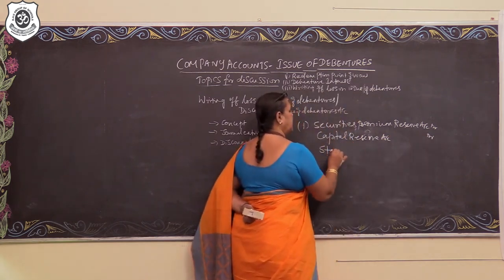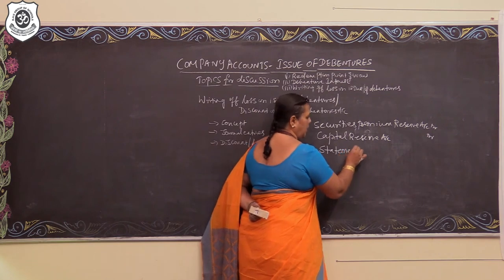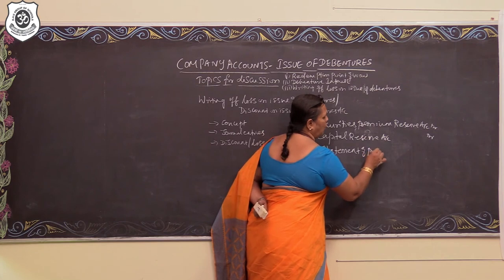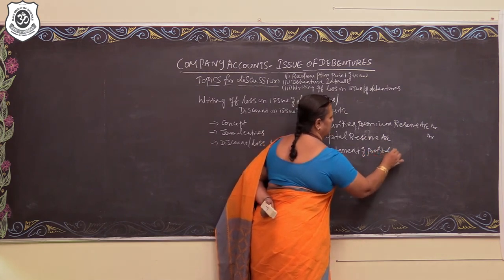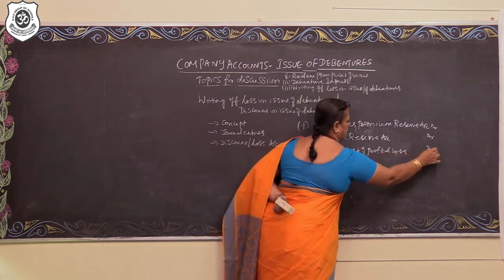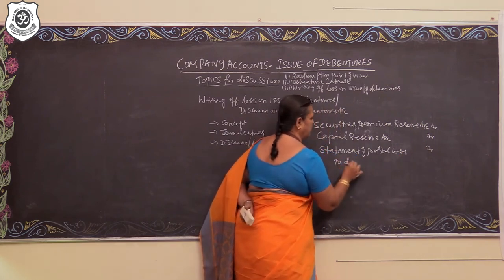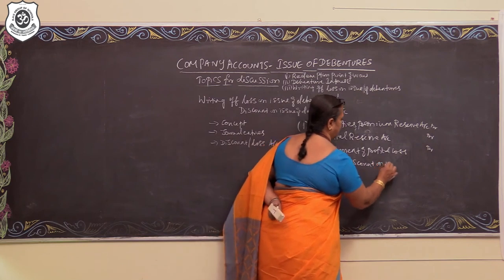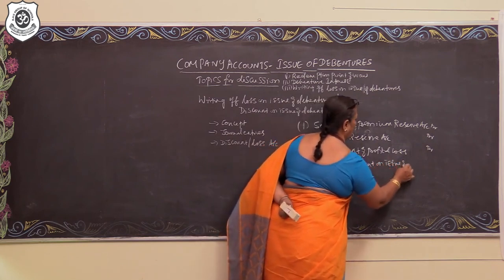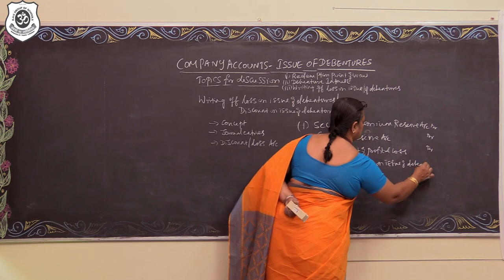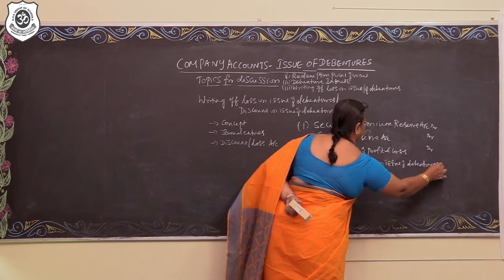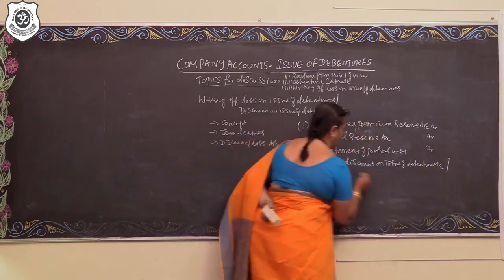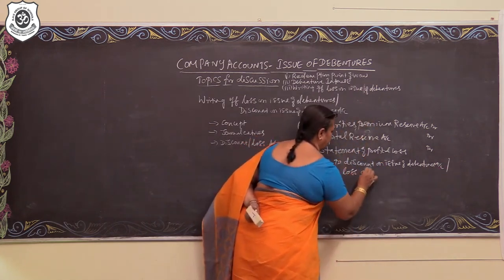Then in case these two are not sufficient, then we are going to make use of the amount available in statement of profit and loss, to discount on issue of debentures account. Discount on issue or loss on issue.